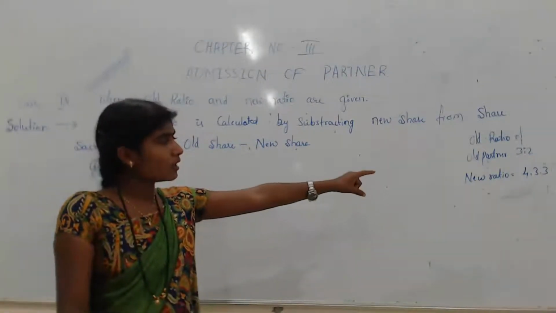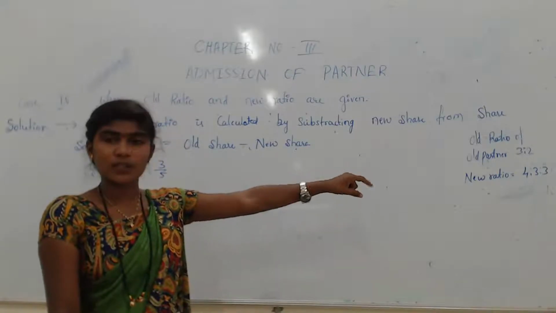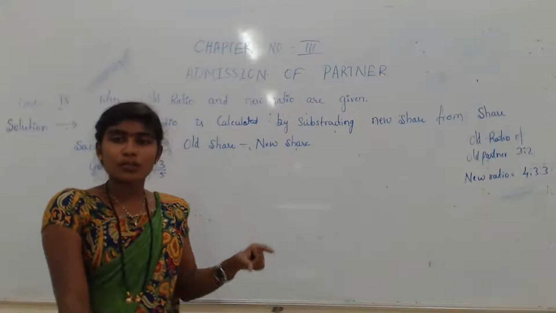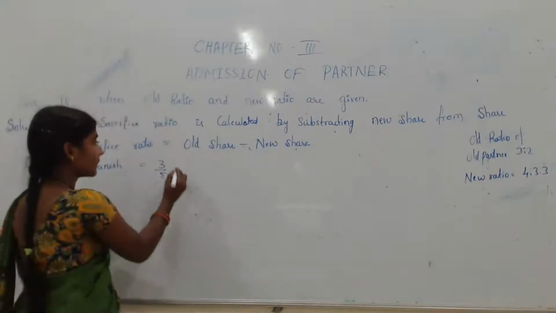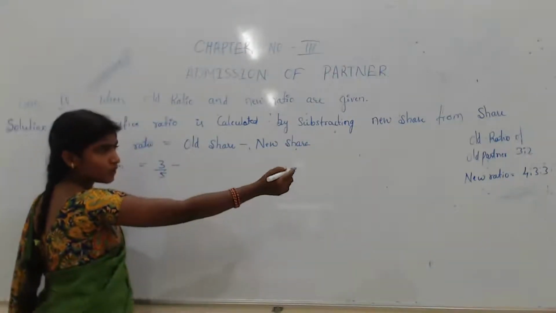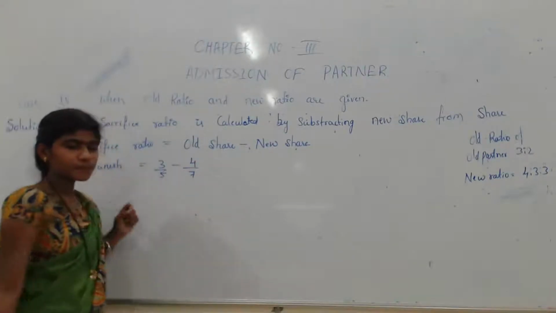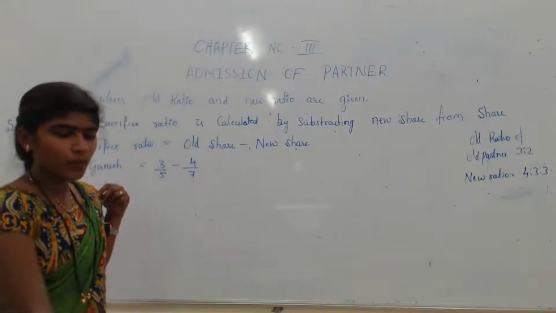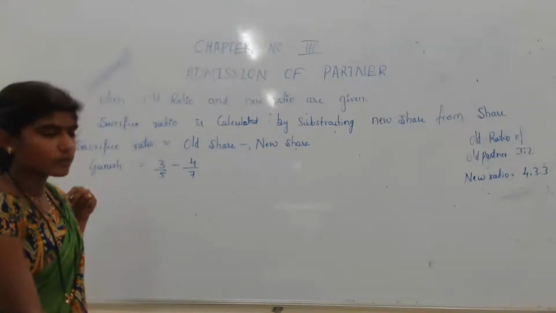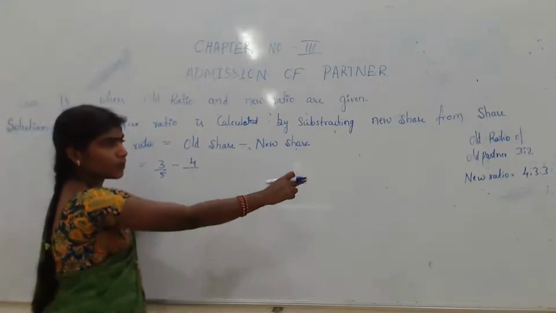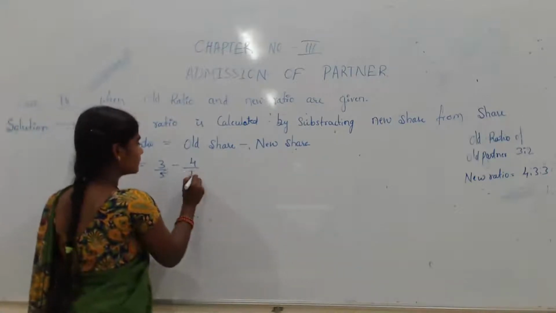Ganesh 4, Girish 3 and Mahesh 3. So what is the share of Ganesh? New share of Ganesh, minus new share, 4/10. See, 4 plus 3 plus 3, 10.